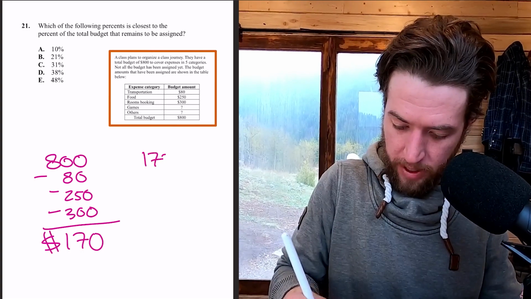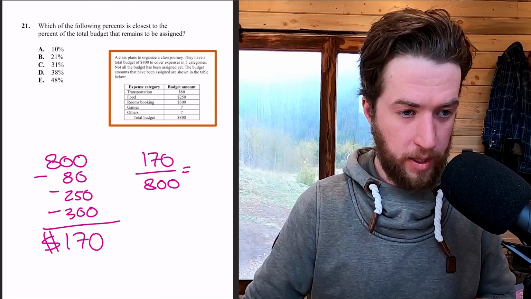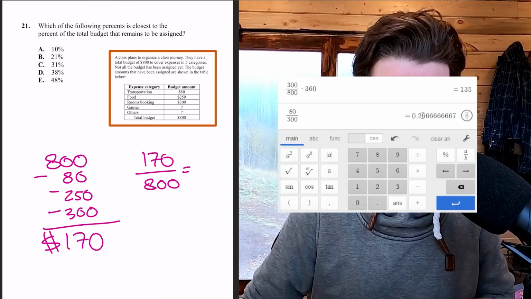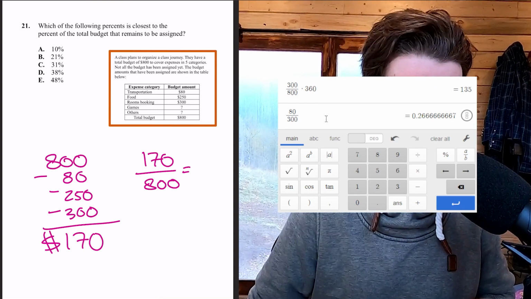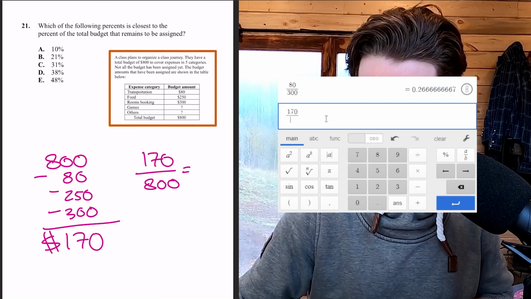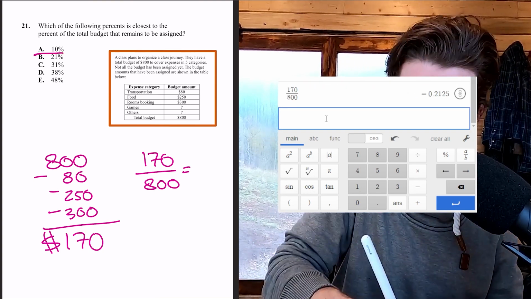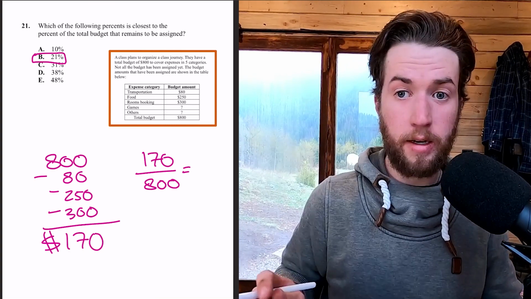So 170 out of 800 is what? Probably like 18% or something. Let's bring up the calculator. So 170 out of 800. Oh, am I not typing? Let's try that again. 170 out of 800. 21% roughly. Okay. Answer B. Calculator, goodbye. On to the next.